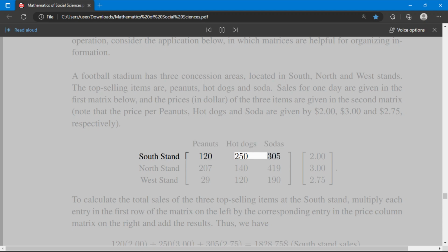Peanuts, hot dogs, sodas. South stand: 120, 250, 305. North stand: 207, 140, 419. West stand: 29, 120, 190. Prices: 2.00, 3.00, 2.75.